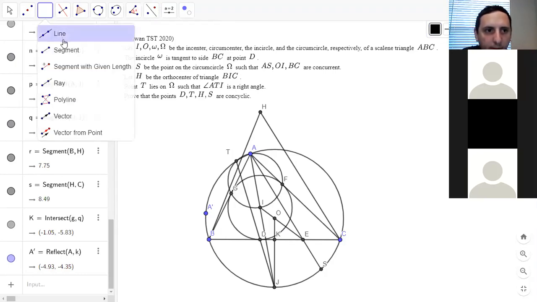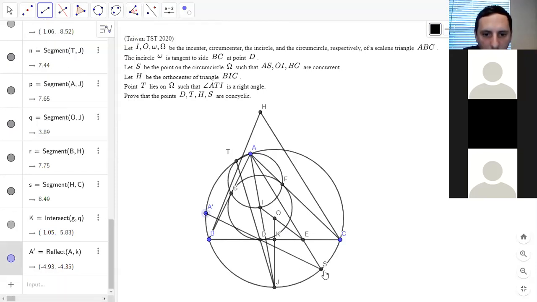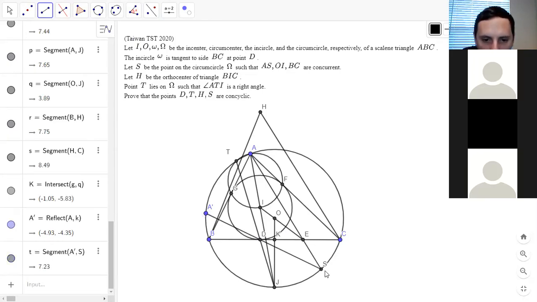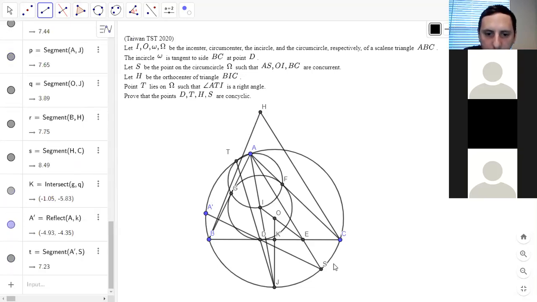A prime, D, S. Yes. And I don't know if A prime, T, H are collinear. No, doesn't. Yeah. I intersect TD with AE. Yes.